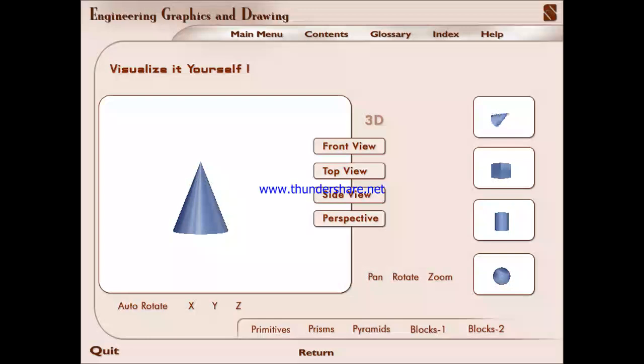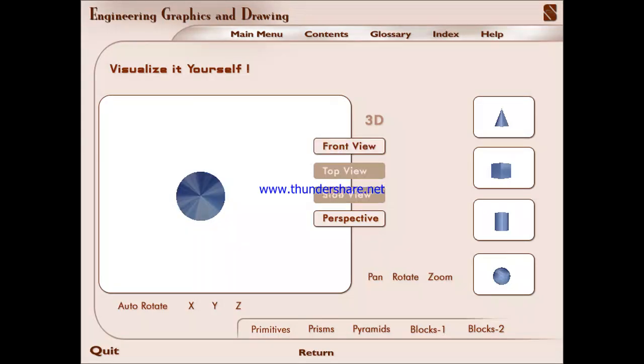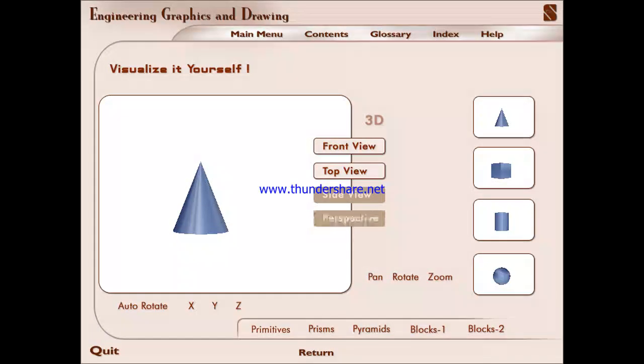In these primitives, let us take this object, and it will be visualized in 3D view, and in that the front view is like this. Similarly, top view, side view, and perspective view. Now next object, we will consider this one.